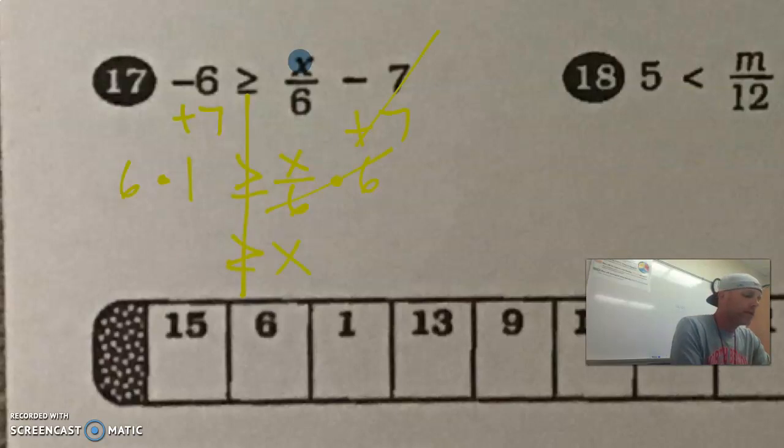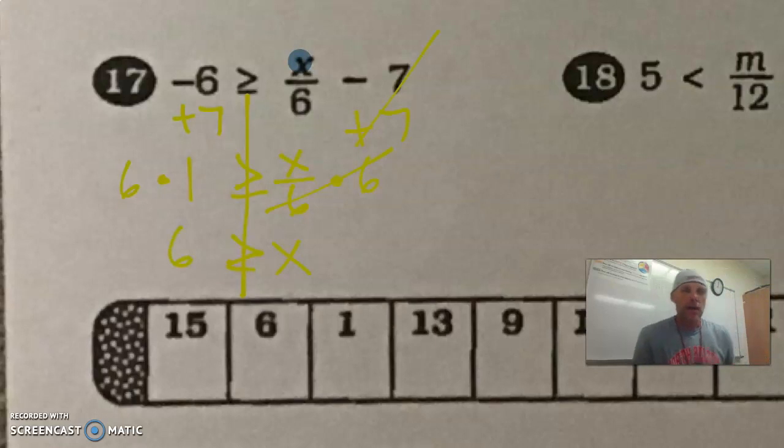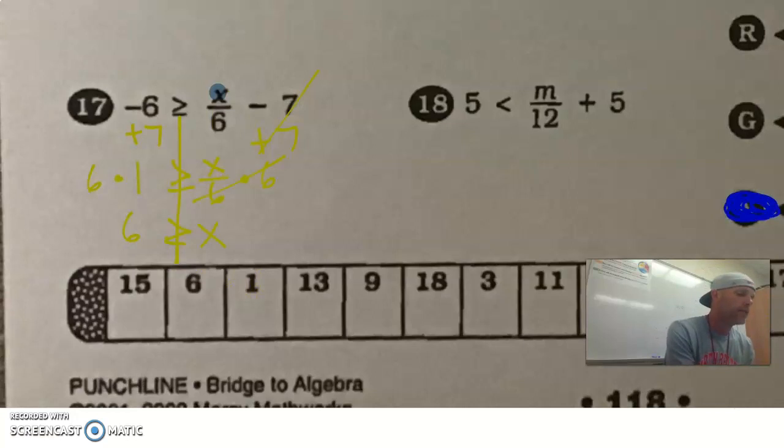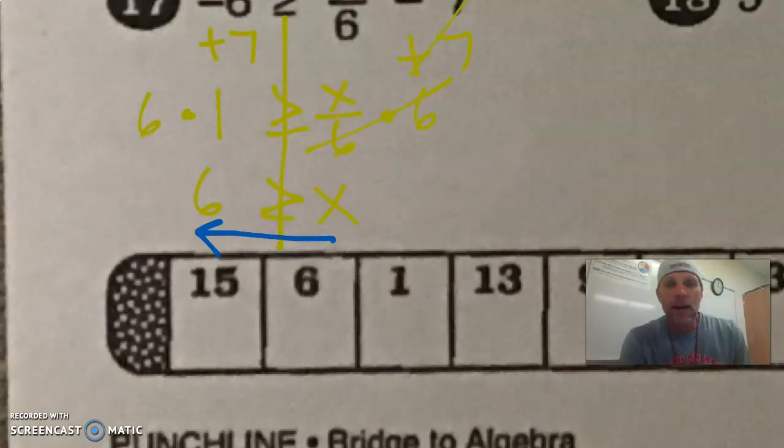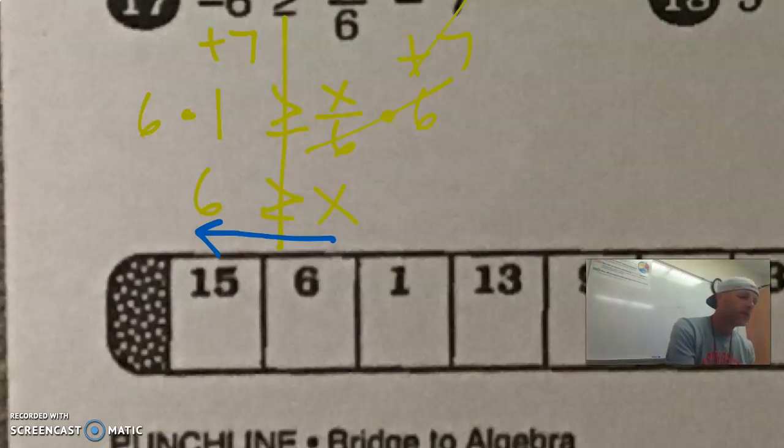We have x. 6 times 1 is 6. So now's where we mess up sometimes. Remember, read the variable first. So x is less than or equal to 6.